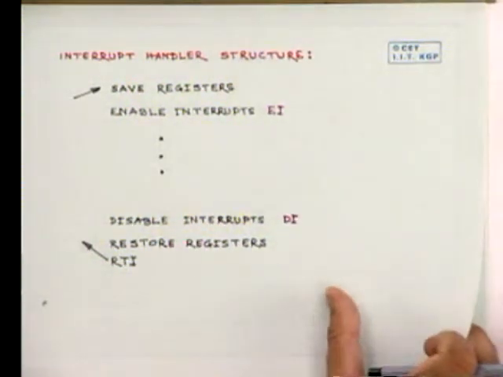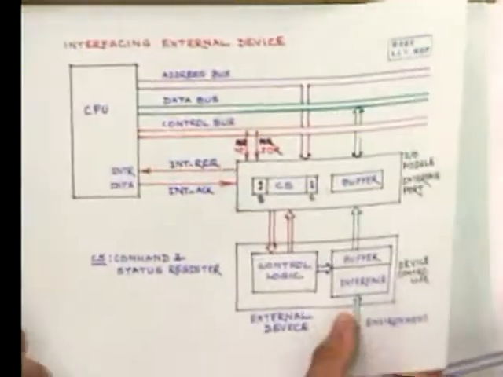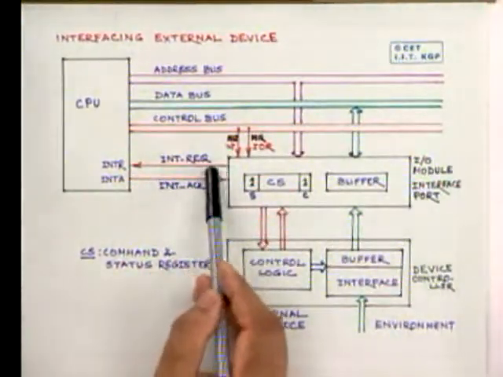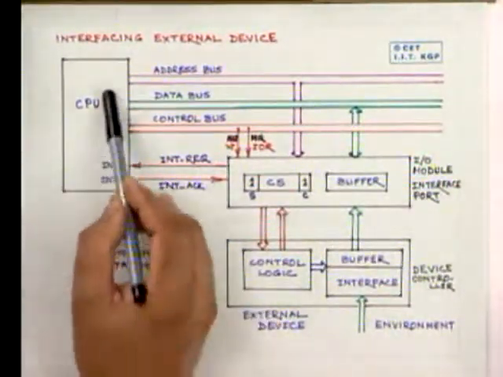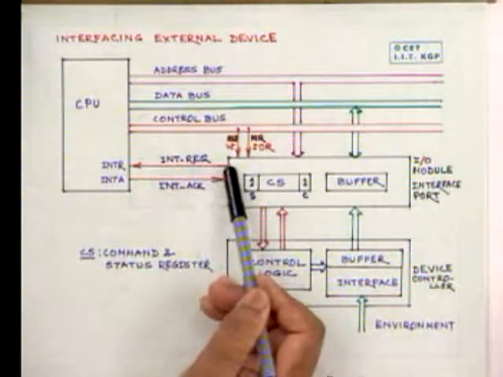Now the question comes: when exactly does the CPU accept the interrupt? I say that an interrupt may come asynchronously. The CPU is executing instructions in memory, and the interrupt can come at any moment.